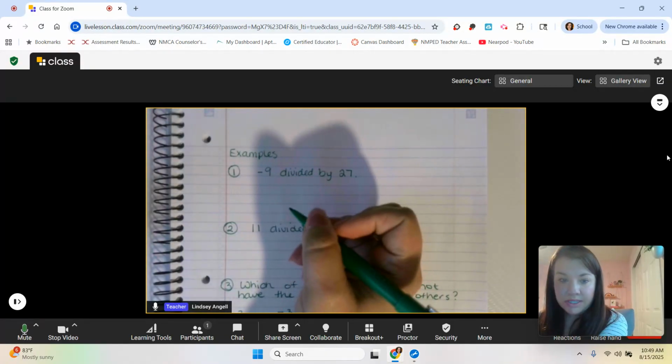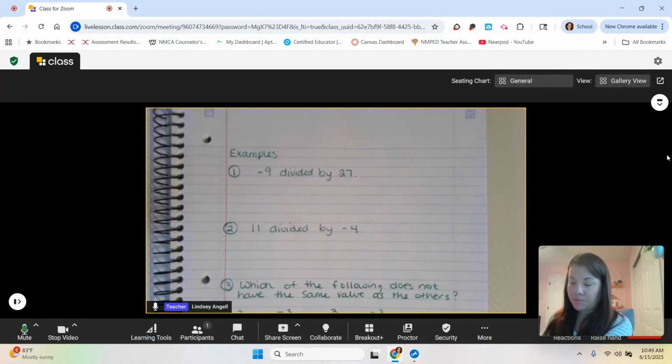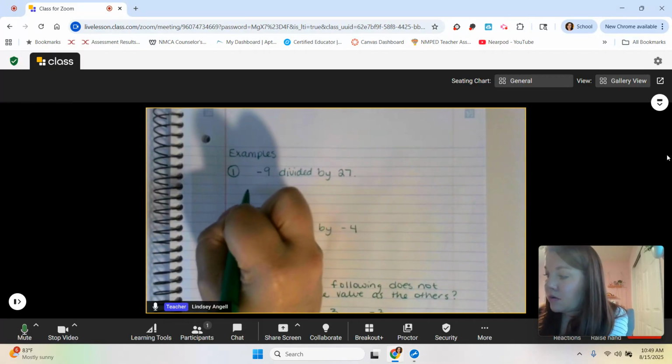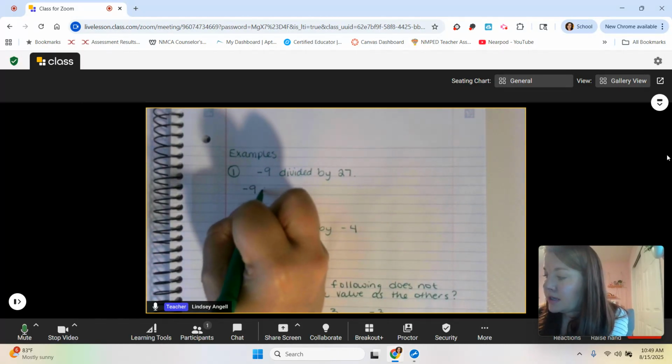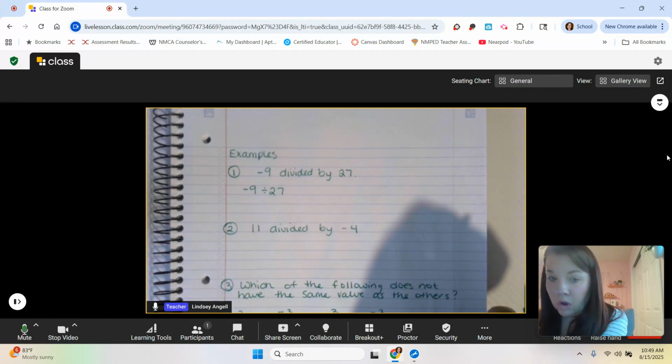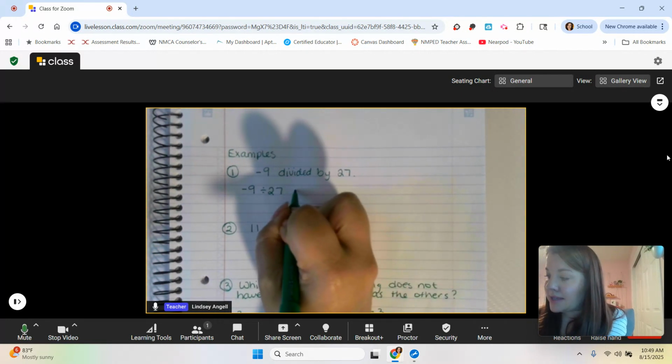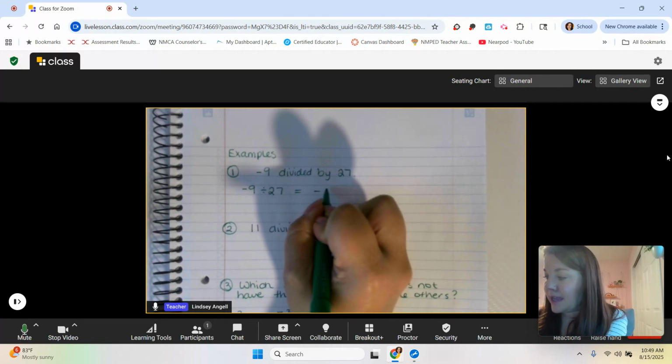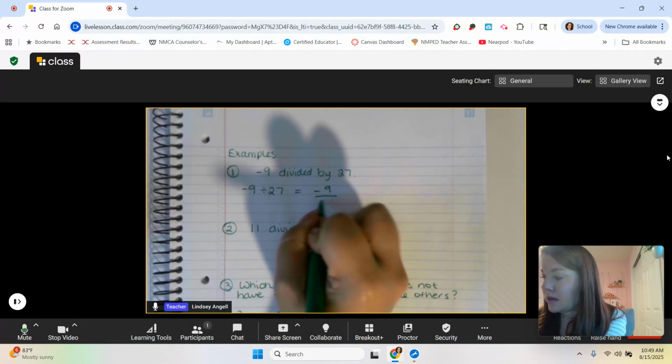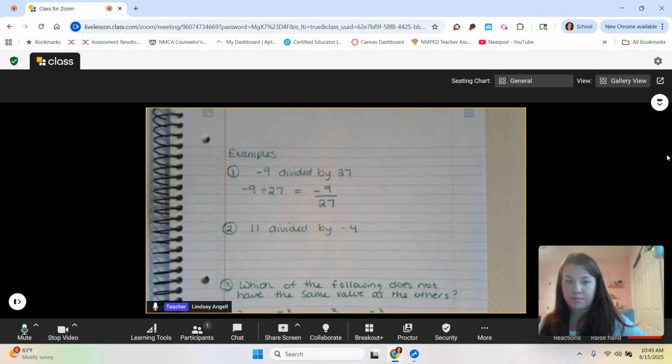And there's a couple different ways you'll see it in your lesson, but also when you get into higher levels of math, whether it's this year, next year, or in high school. So we could say negative 9 divided by 27. That's totally fine. That is also the same thing as saying negative 9 over 27, okay?